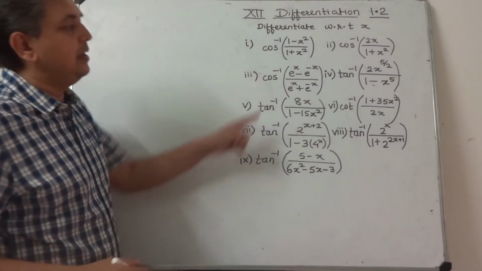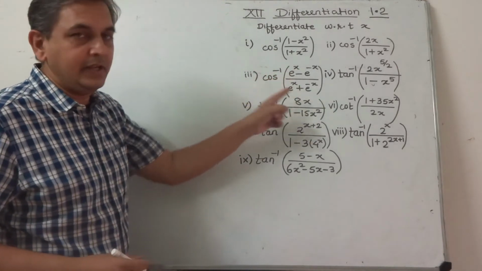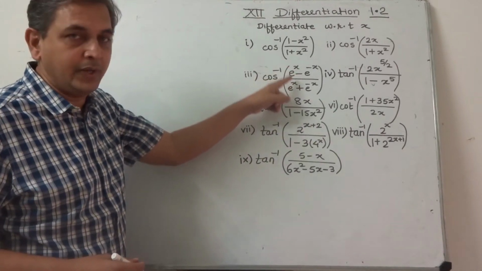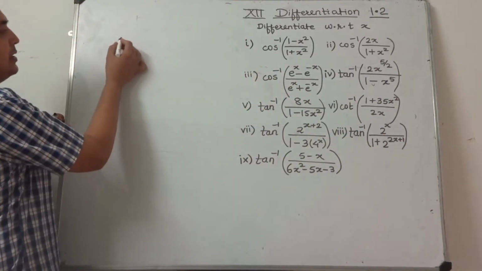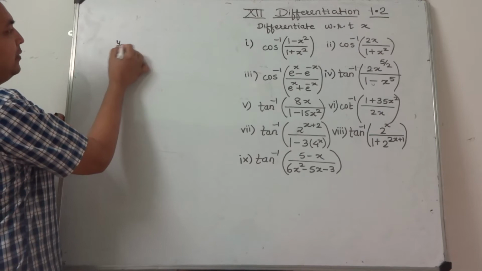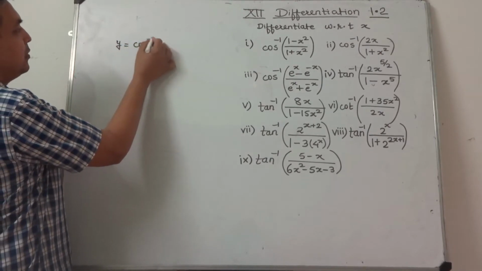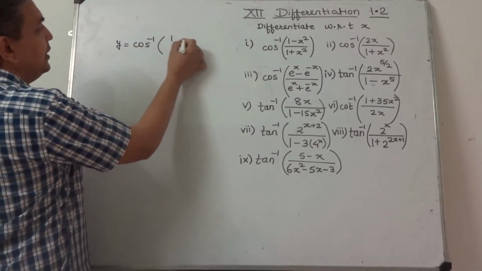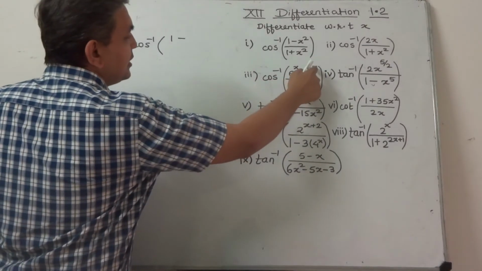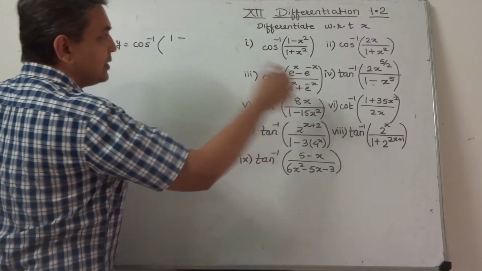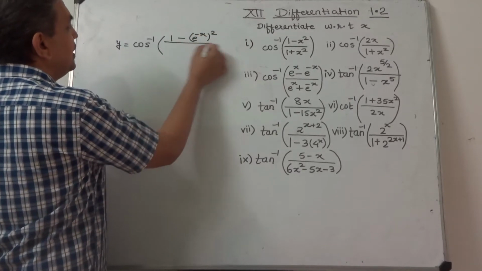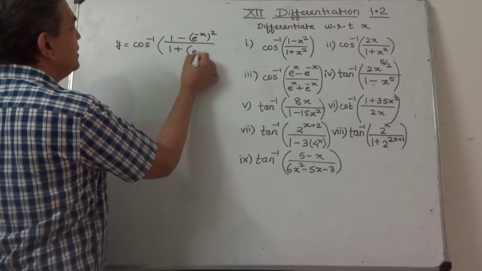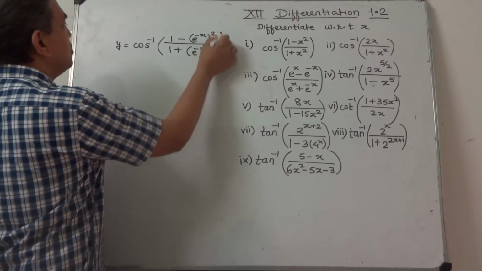What we do is we divide each term by e raised to x, so that we get 1 over here. Dividing numerator, denominator by e raised to x, check what do we get. Y equal to cos inverse of 1 minus e raised to minus x whole square upon 1 plus e raised to minus x whole square.